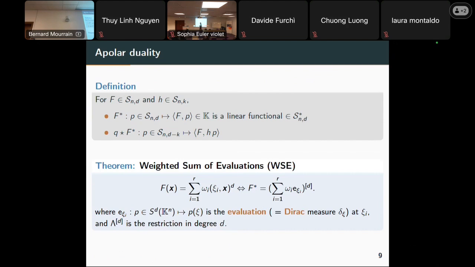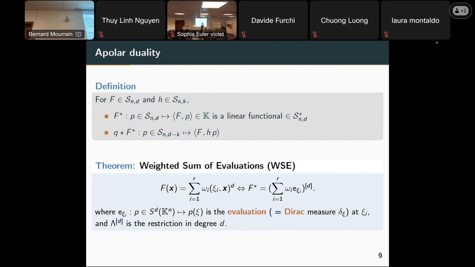So we have also, in this way, the transpose of the product, which acts on the dual. This is denoted by a star here. If H is a polynomial of degree k, we define H times F star.